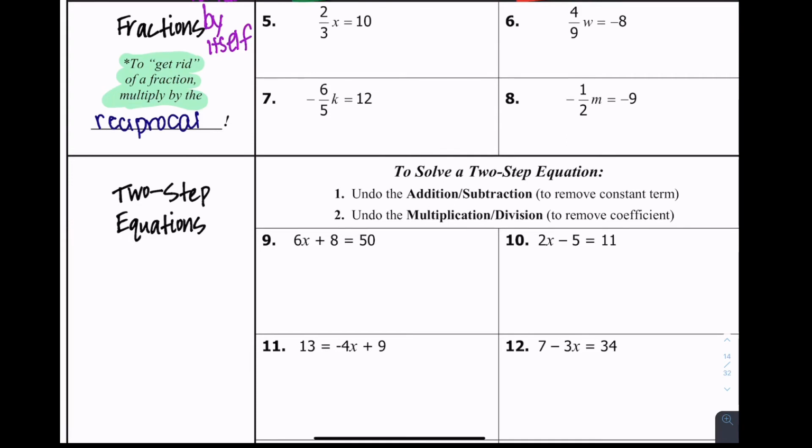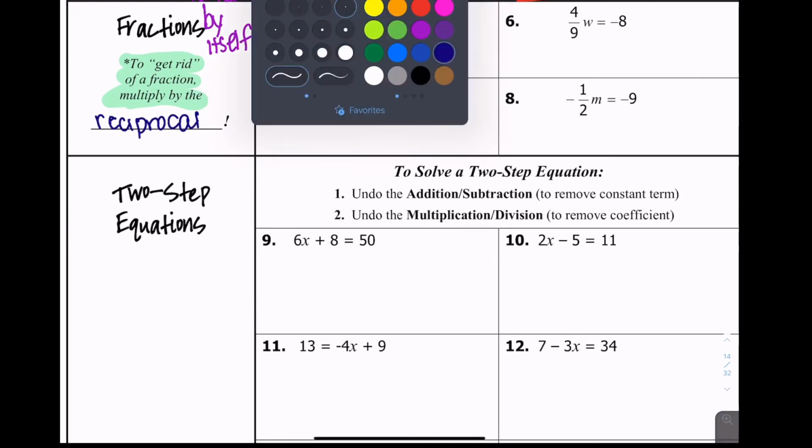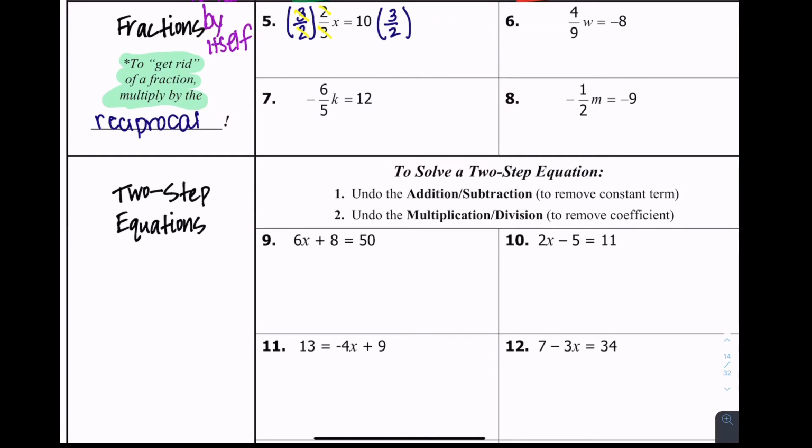The reciprocal of 2/3 is 3/2. So if I multiply that side, I multiply this side. And if you take a look at y, the 3 cancels with the 3, and then the 2 cancels with the 2. Does everyone see what we did? That leaves me with x.